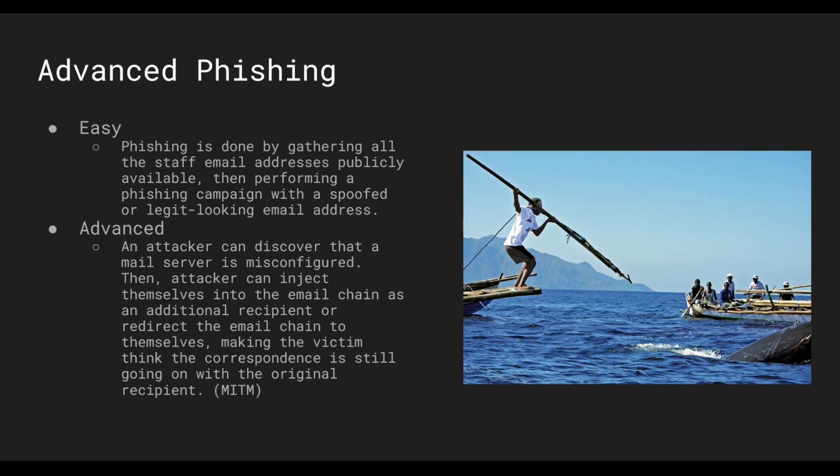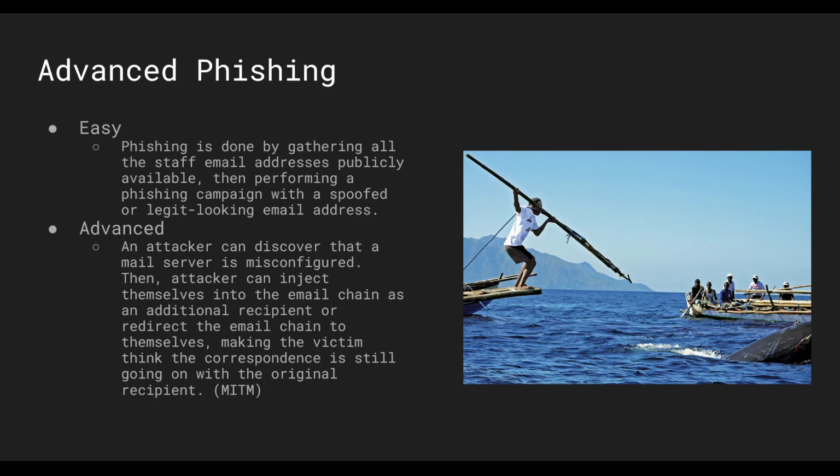If the victim doesn't have a properly configured mail server, they won't be able to tell that it didn't come from within. I looked it up, and apparently like 42% of mail servers on the internet are not configured properly, and you can find that out just by throwing crawlers out there.